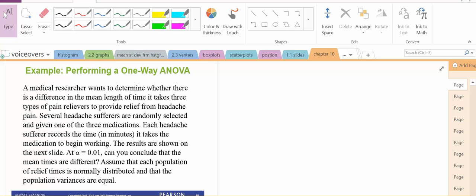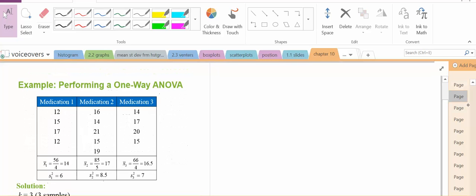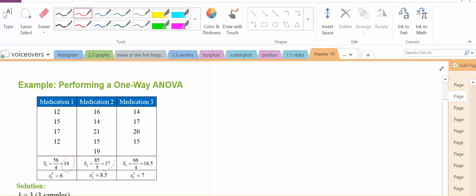We're given medication 1, 2, and 3, and these are the different times it took to relieve your headache. If you'll notice, our sample means do differ, but the question is, do they differ enough to matter?